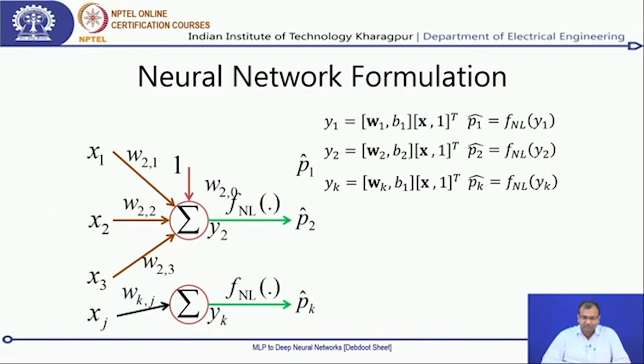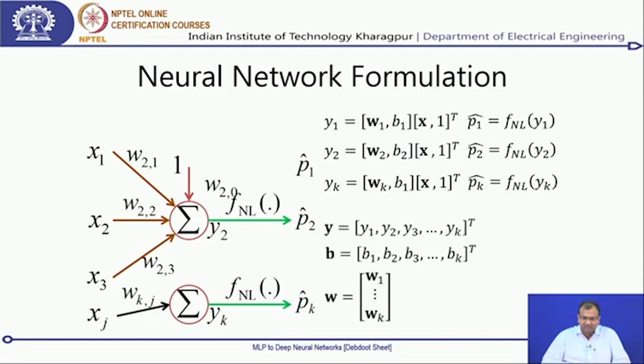Now, if you look into this matrix of weights and biases which are combined together, you can see all of these outputs, y1, y2 up to yk. If I take all of these together and concatenate them, I arrange them in a column major format, which has k number of rows and just one column.